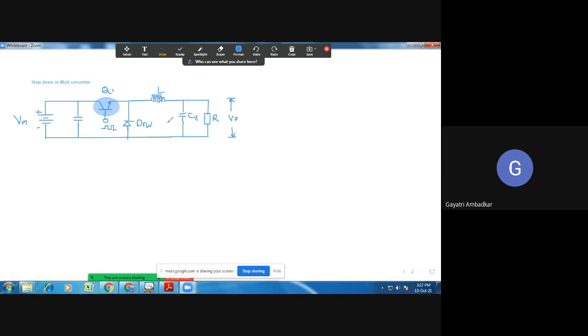Now you know you are able to produce pulses of different widths, right? How this pulse width is varied, that you also know. So let us see the operation. We will divide its operation into different modes.